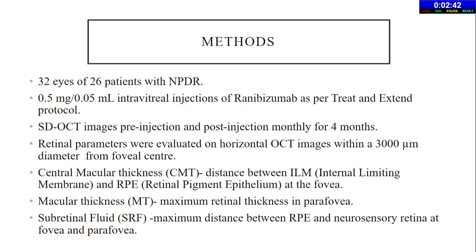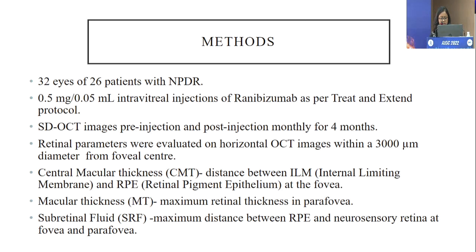We included 32 eyes of 26 patients with NPDR, and 0.5 mg of intravitreal ranibizumab was given as per treat and extend protocol. OCT images pre-injection and post-injection monthly for 4 months were taken, and retinal parameters were evaluated on horizontal OCT images within 3000 micron diameter from the foveal center.